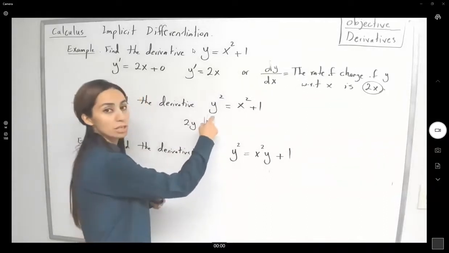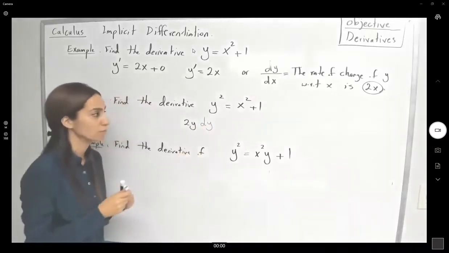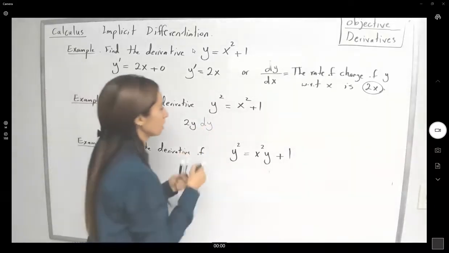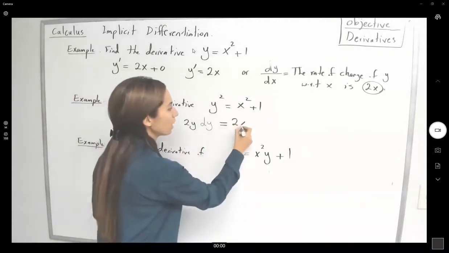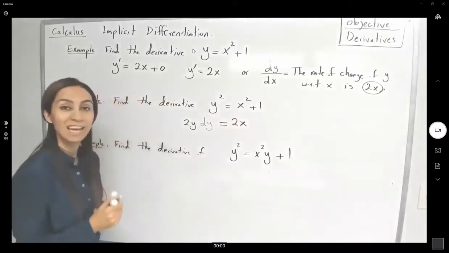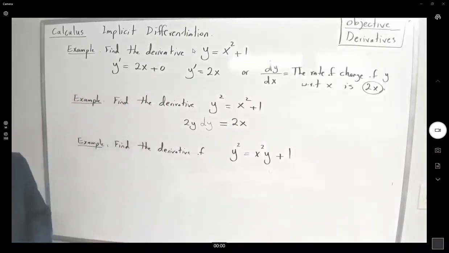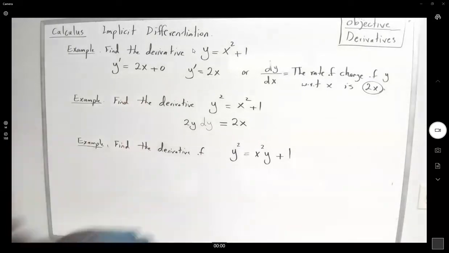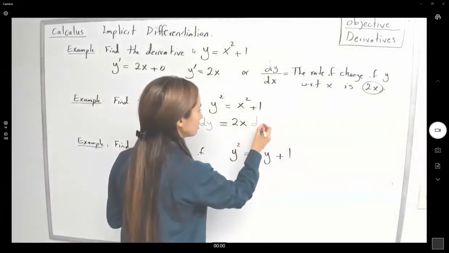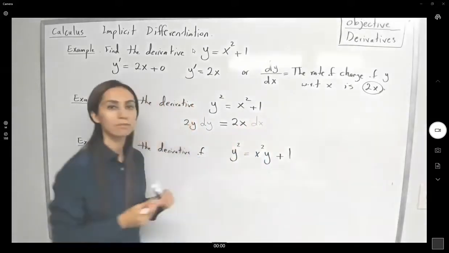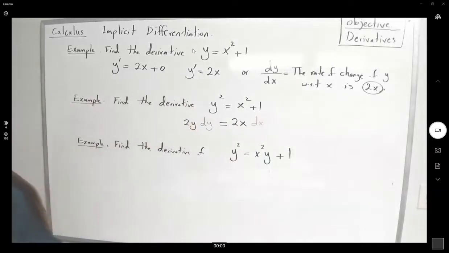Whatever this function is, we need to have dy as well. On the right-hand side, we take the derivative with respect to x, 2x dx. I'm going to use a different color so you can differentiate between these. Now, the derivative of the constant is just 0, so we're just going to ignore that.